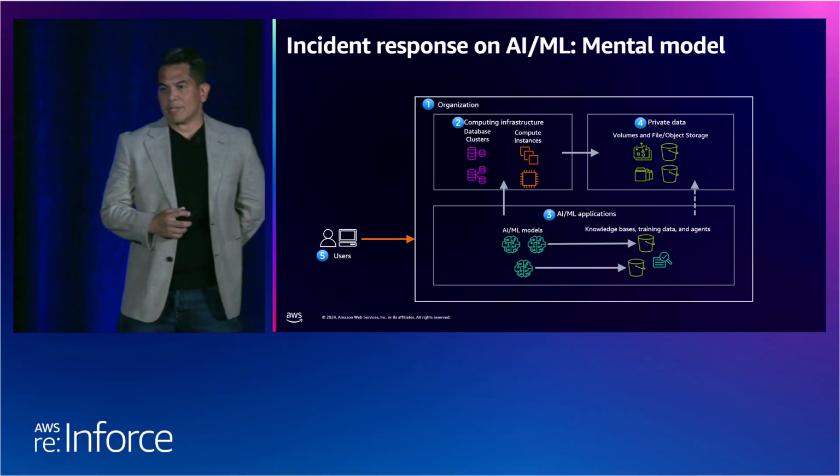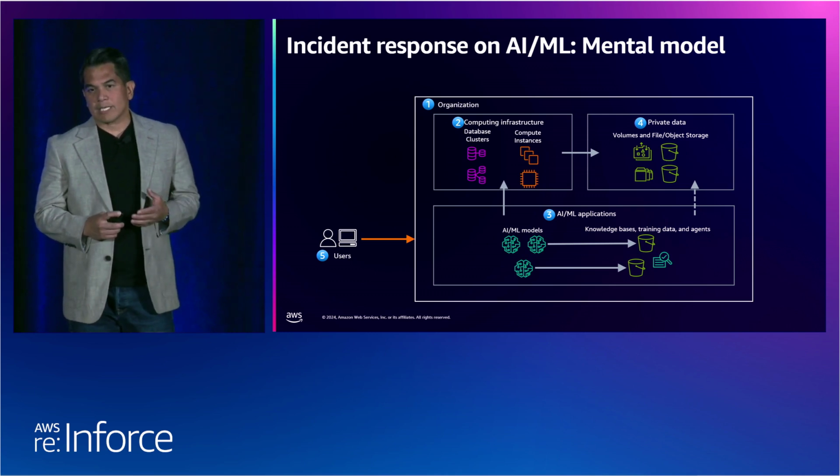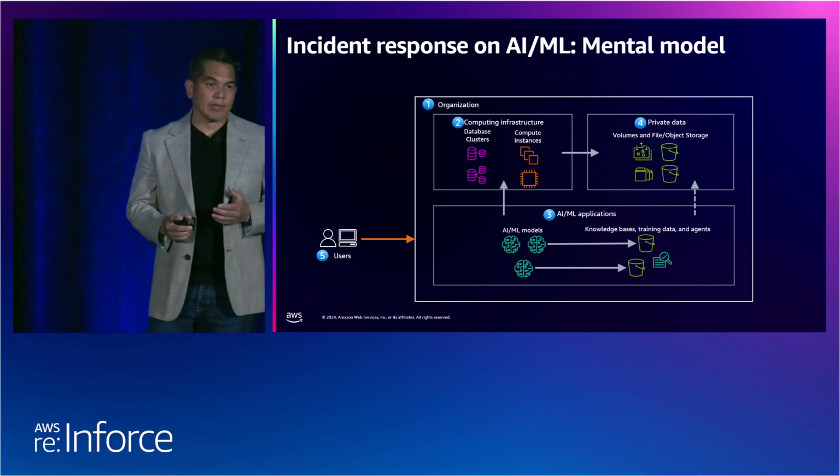All right, so now we're going to take a look in a little bit more depth at security and incident response on AI/ML and the way we use the methodology for incident response on AI/ML. One thing we want to highlight is that there are two types of security events involving AI/ML.